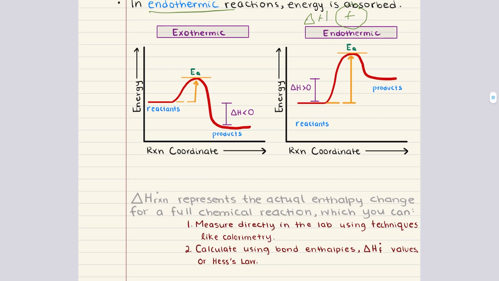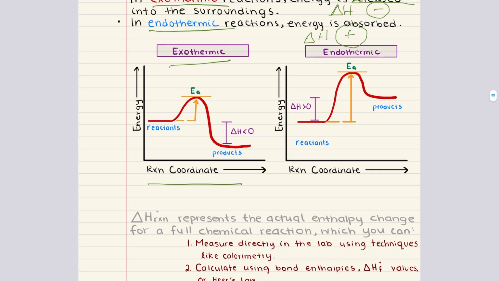The graphs that are shown here help us visualize the difference between these two types of reactions. On the x-axis, we have the reaction progress or coordinate, and on the y-axis, we have the energy of the system.